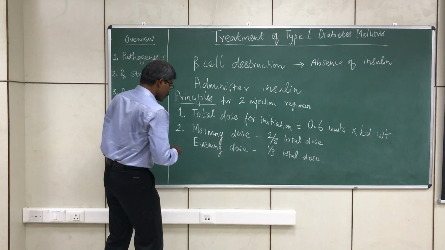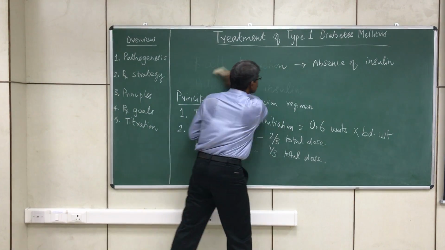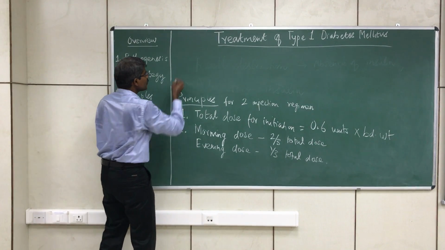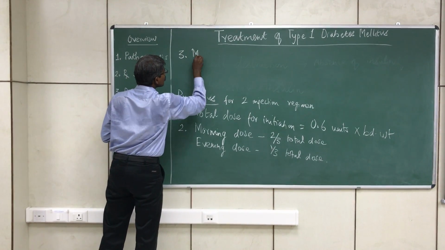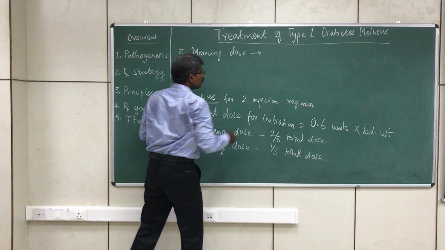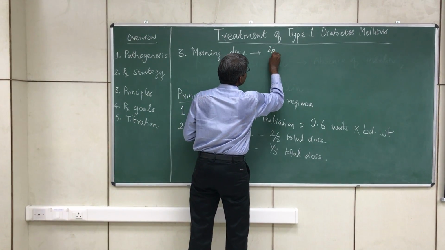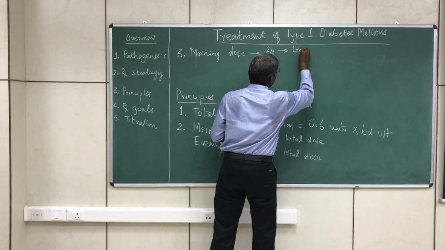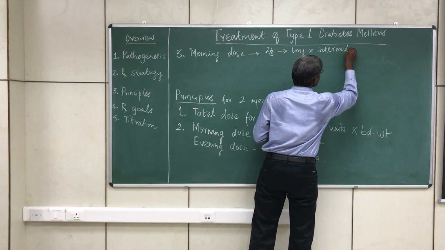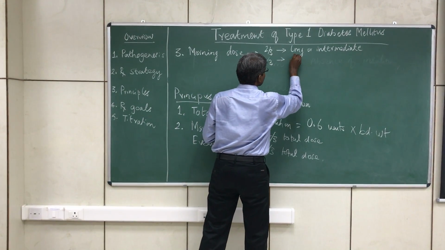Now let's see the third principle. The third principle says among the morning dose, two-thirds is given as long or intermediate acting and 1/3 is given as short acting.